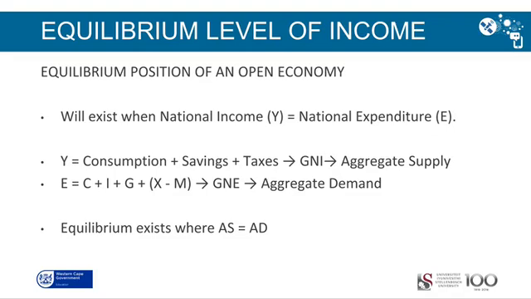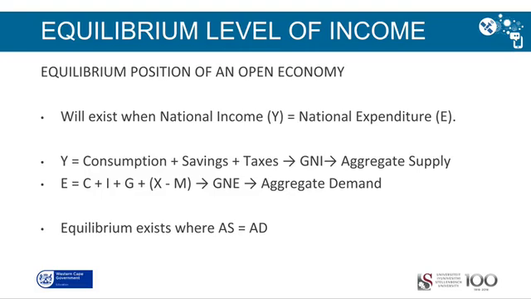Income consists of consumption plus savings plus taxes, and these together are your gross national income, exactly the same as your aggregate supply.